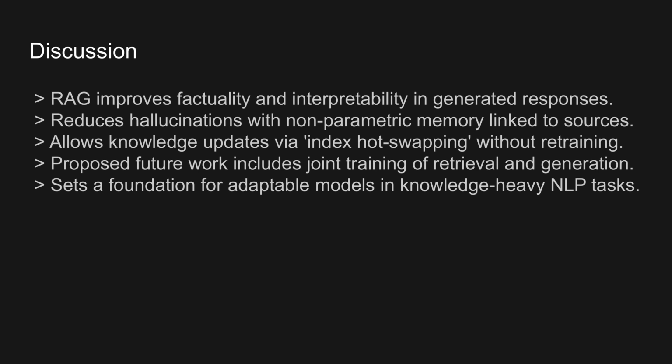They mention considering objectives similar to BART's denoising, which could support better retrieval-conditioned generation, or even experimenting with new training objectives specifically designed for knowledge-intensive tasks. So, future research might focus on making RAG even more cohesive by jointly training retrieval and generation. That sounds like it could lead to a more seamless model for complex tasks.